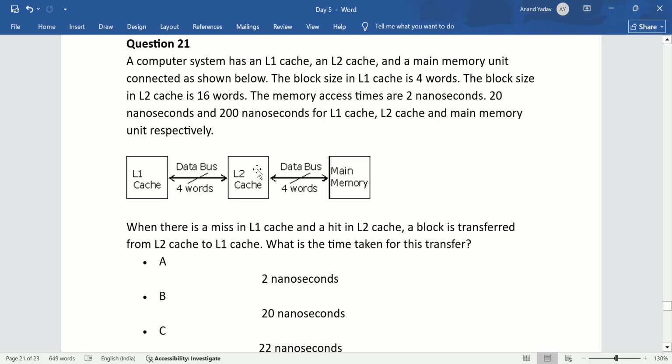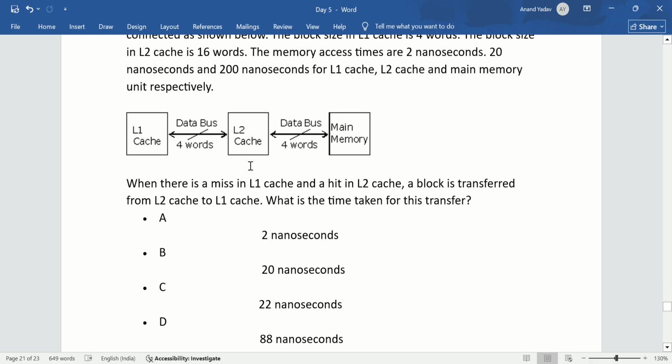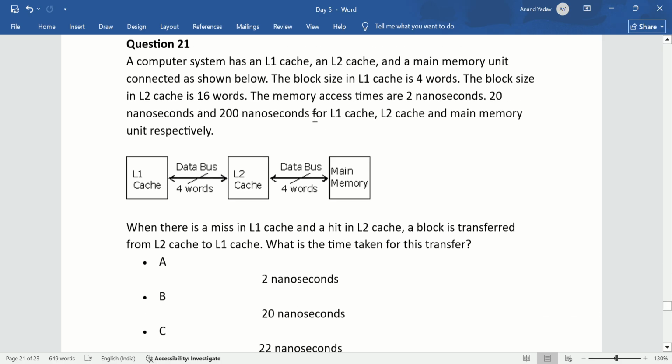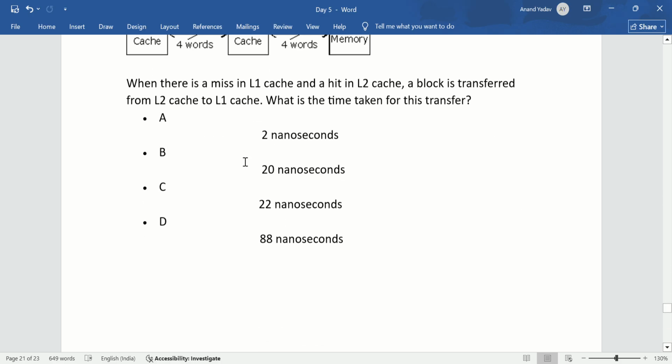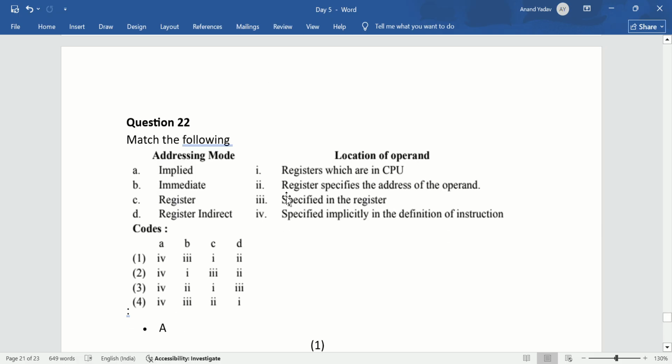L2 always sends L1 a block of 4 words, equal to the L1 block size, not its own block size. So it will take 20 nanoseconds, since L2 has a hit. It is so simple, it is only lengthy. So option B is correct for this question.